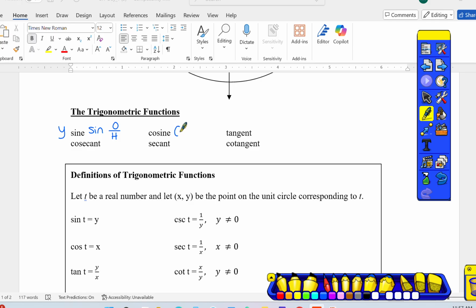Cosine, we abbreviate COS. That's adjacent over hypotenuse, and that is our x value. And then tangent is opposite over adjacent. That is also sine over cosine. So those ones you did in geometry.